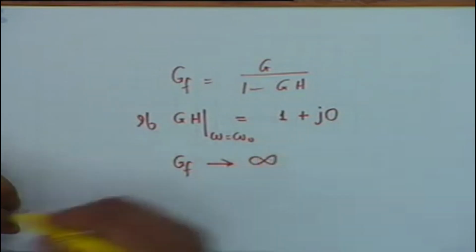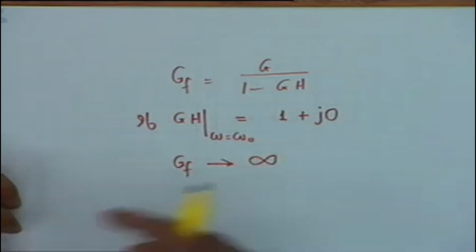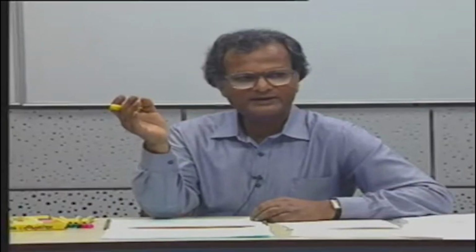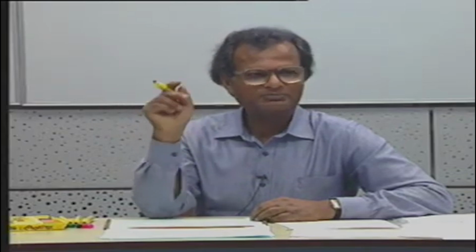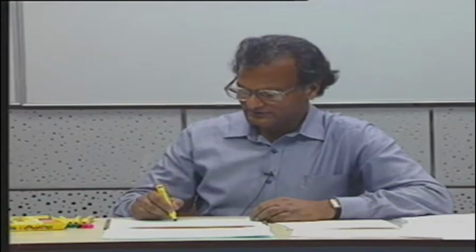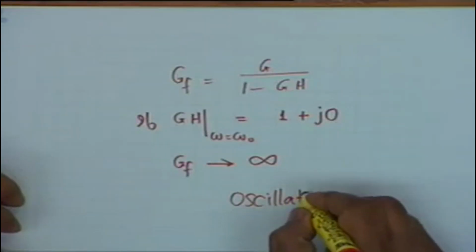It shall go to infinity. Now, what does infinite gain mean? That means the amplifier can give an output without an input, which means that the amplifier generates its own input, and this is the condition for oscillation in this circuit.